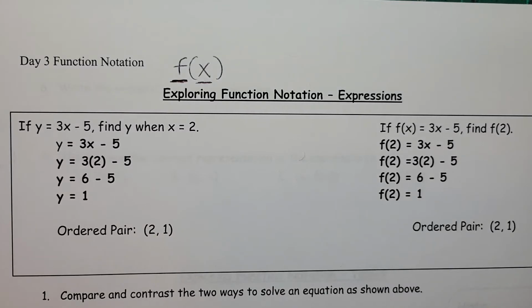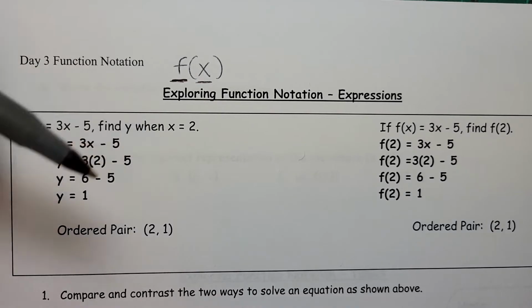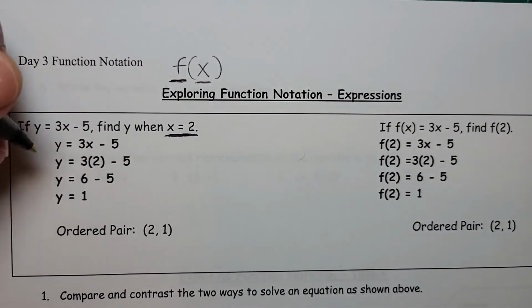In our first example, we have if y equals 3x minus 5, find y when x equals 2. So let's write down our equation below. Y equals 3x minus 5. We plug in x, which is 2, as our x value right here.